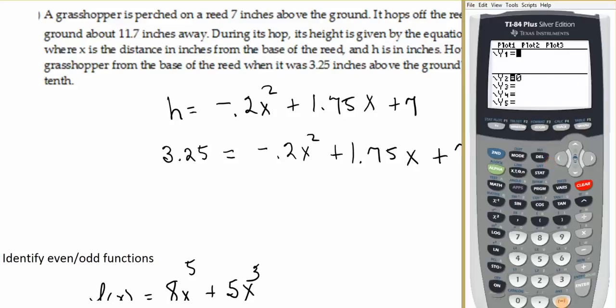So negative 0.2x squared plus 1.75x plus 7 goes in y1. And y2 is 3.25. And so we're saying, when does our height function intersect with 3.25? Let's see what kind of picture we get.